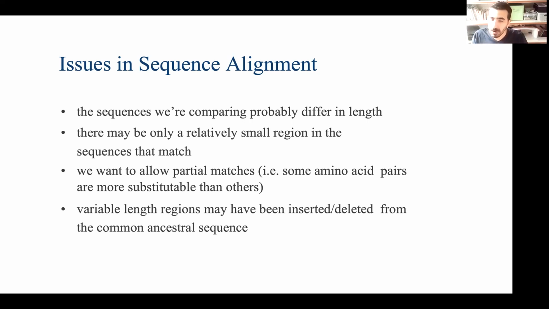So we need to allow partial matches because there are some mutations. And we also know that some amino acids are more likely to substitute each other. So that's why partial match is important. And there are various insertions and deletions that we have to take into account.